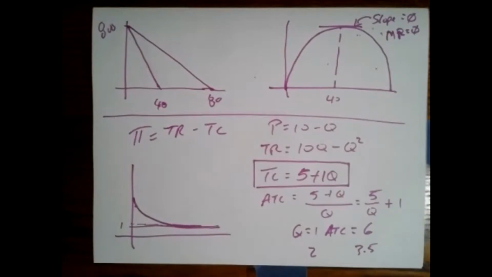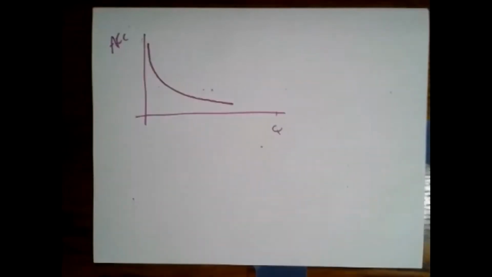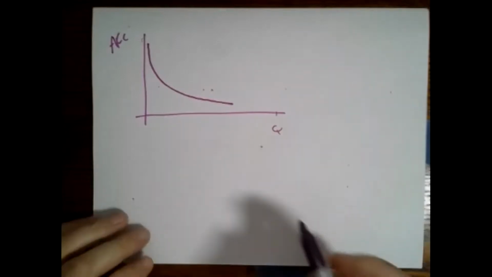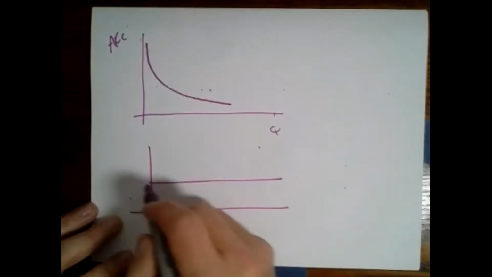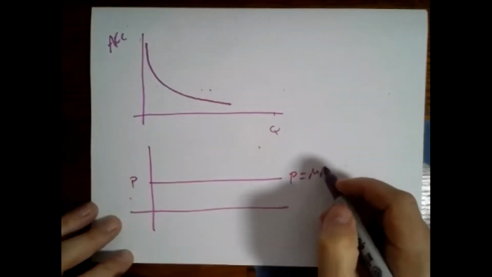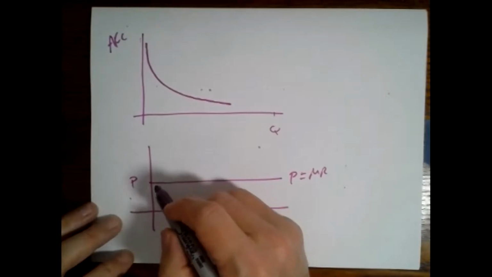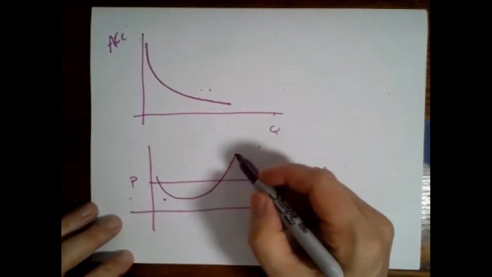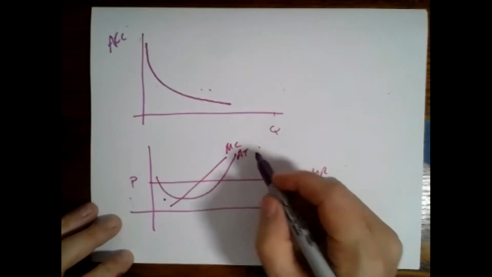So that's one of the differences in the model here: whereas in the competitive model, we assumed that price equals MR, and MR was constant, and total costs rose and marginal cost came back up.